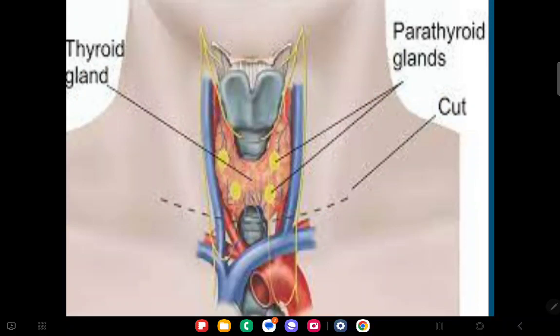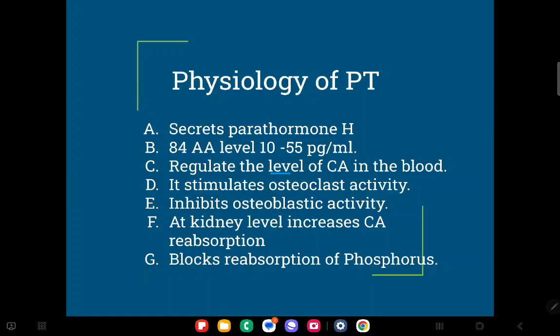If you see them in the diagram, they look like this. 2 superior, 2 inferior, and they are a slightly darker color than the thyroid, and so you can differentiate them by sight.